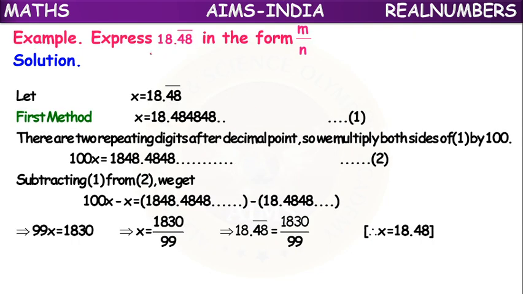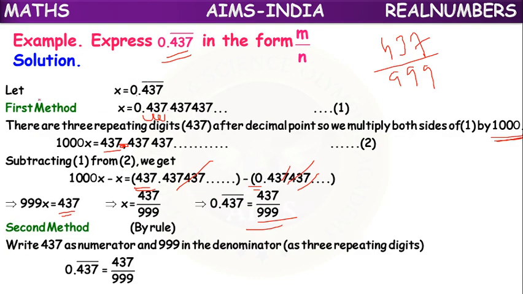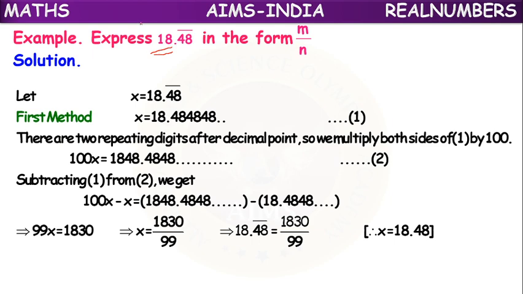Up to now, in 3 examples we had 0 point here. But instead of 0 point, suppose we have a number to the left hand side of the decimal point. Let's see, this 48 bar will be repeated. 2 decimal places are repeating, only 48.